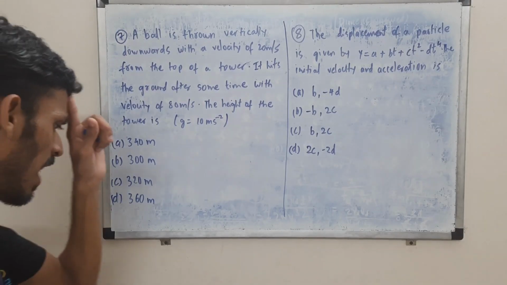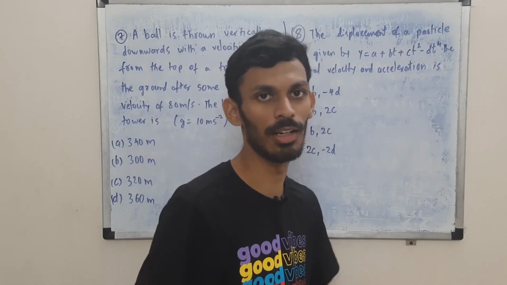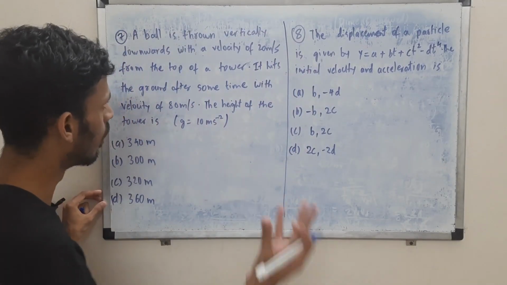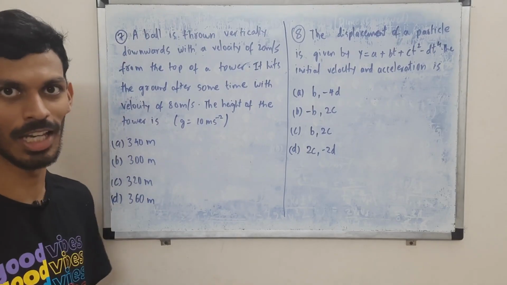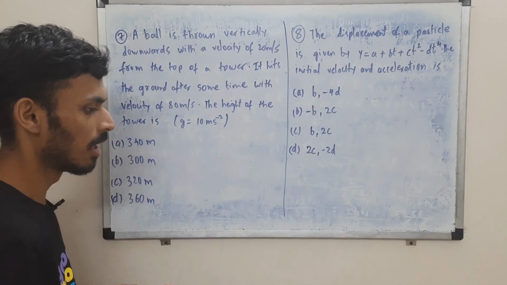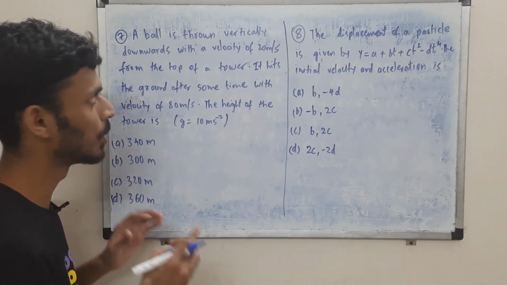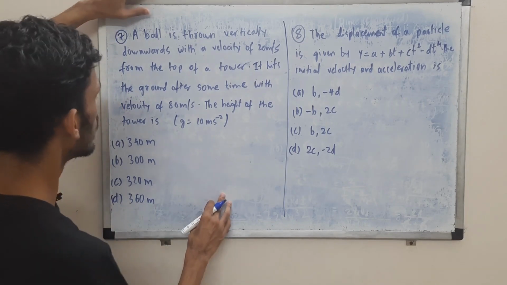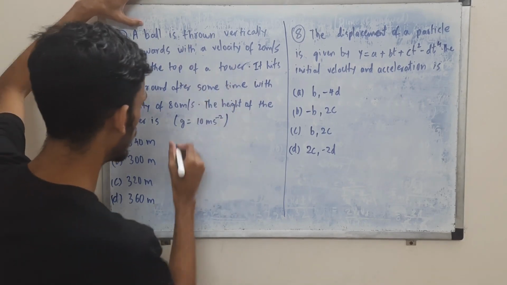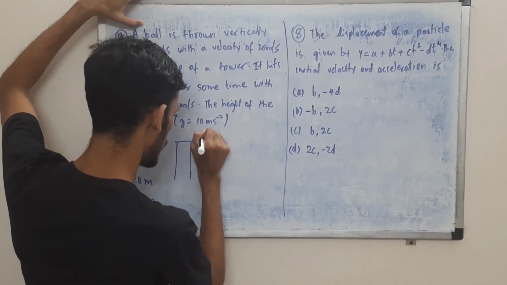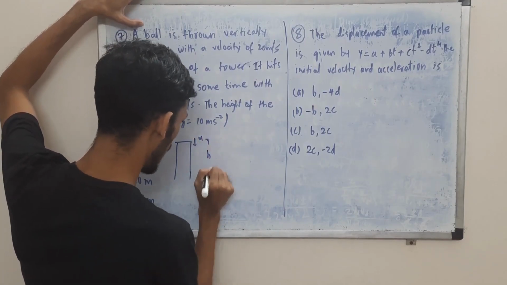This might have an easy approach, going from your equations of motion, but you can also do it via conservation of energy. I am giving you one more tool to look at things, especially in this chapter. Initially the ball has some kinetic energy, and it is at the top, thrown with a certain initial velocity u, and it also has height h.